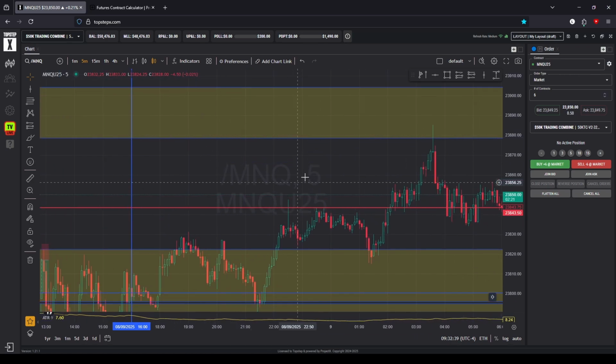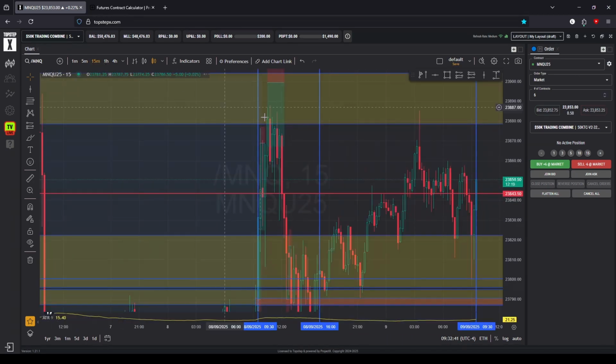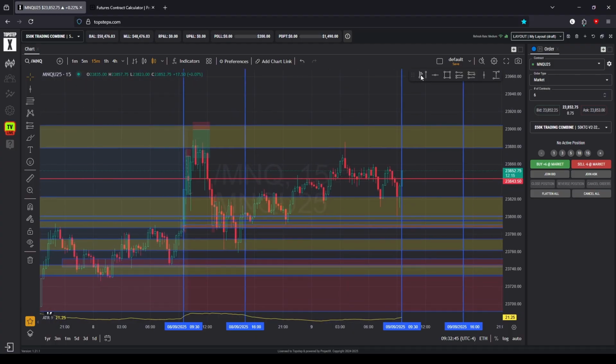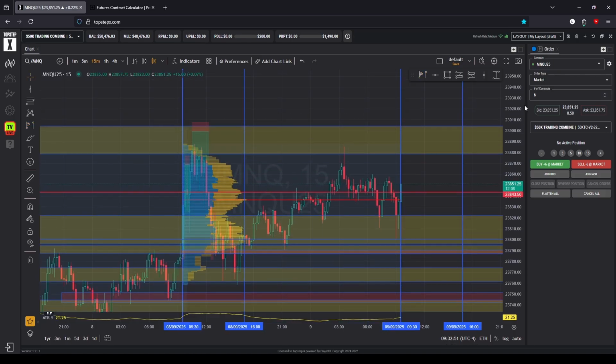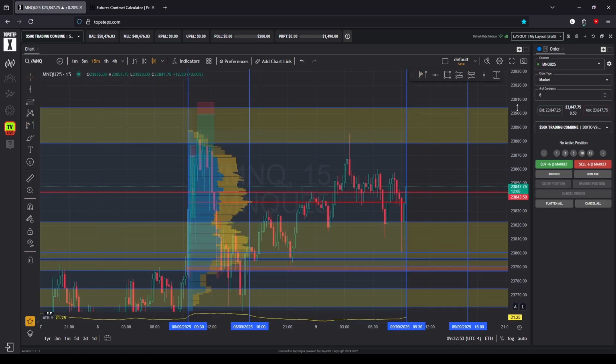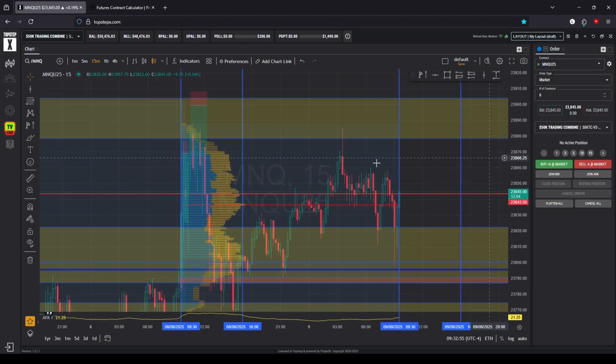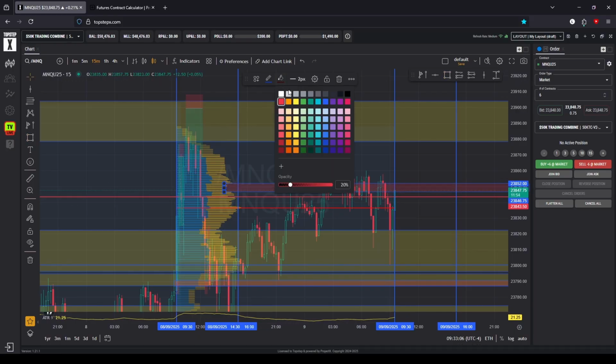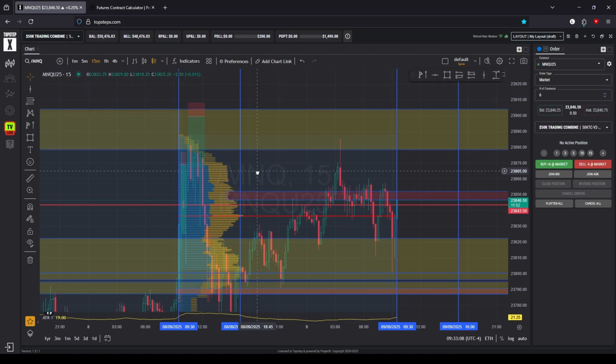So what I'm gonna do is go on the 15 and draw another volume profile from yesterday's session up to here. I'm seeing a bit of reaction here. I will not take trades from here, but I might take profit from here, so I'll keep that for that. I think red is okay.